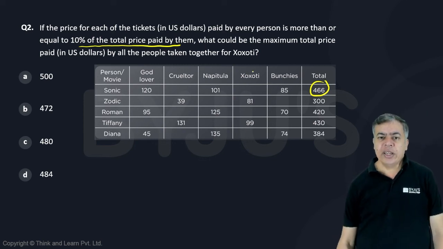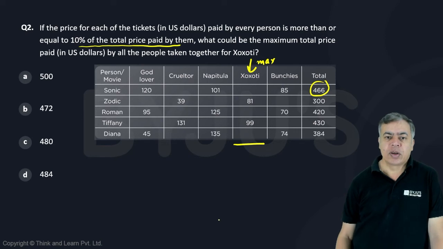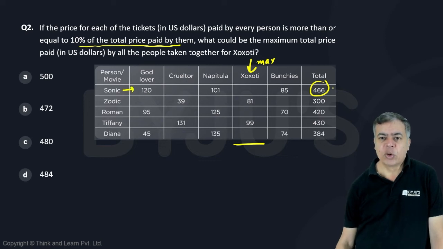So I need to maximize this total, right? To maximize this, I will minimize the other. Let's say Sonic, I know the total is fixed. The values given are 120, 101, that becomes 221, plus 85, 306.